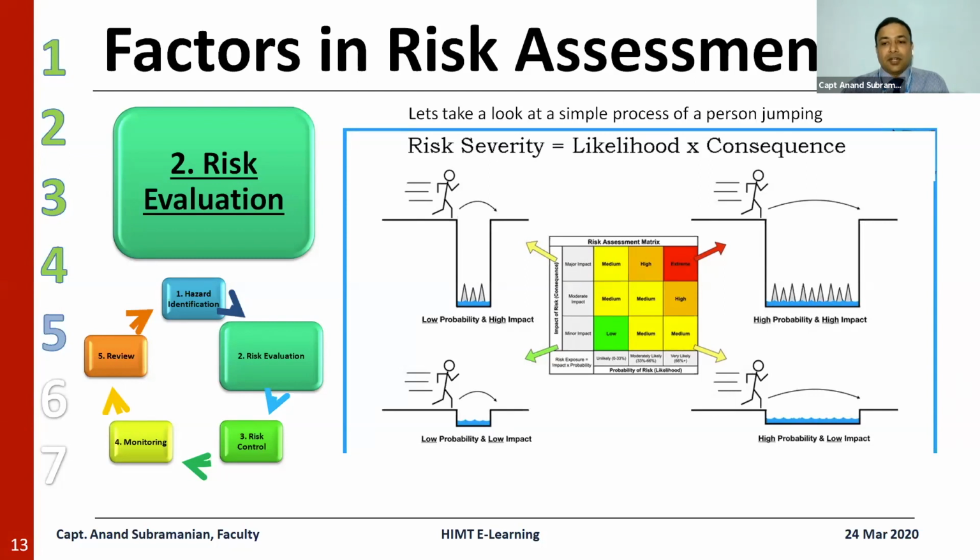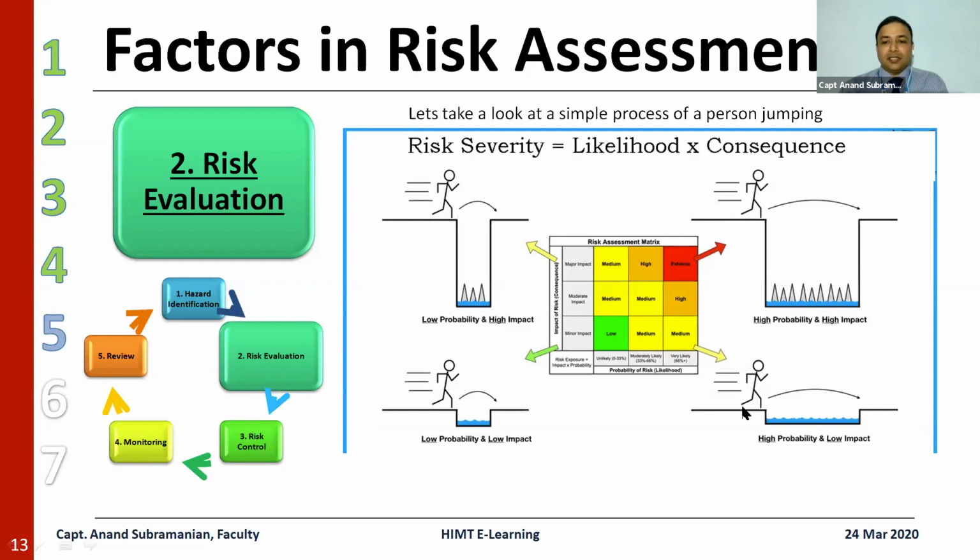That means the probability of an accident happening has shot up very high here. Why is it very high? Because it is not possible, or maybe possible, but we don't know for sure. Again, the dangers are high impact. If he falls down inside, it's a loss of life.